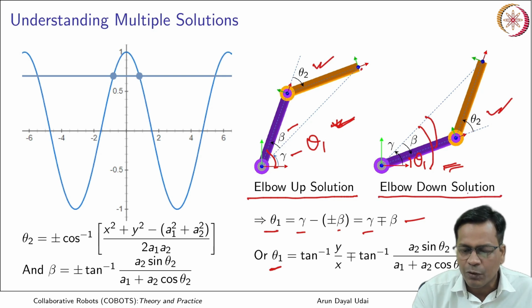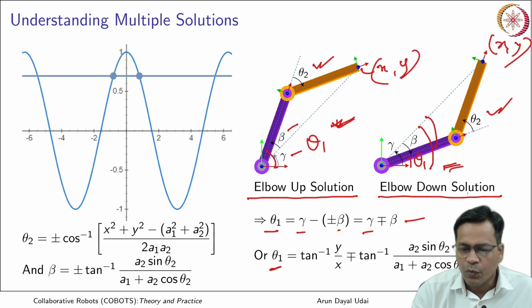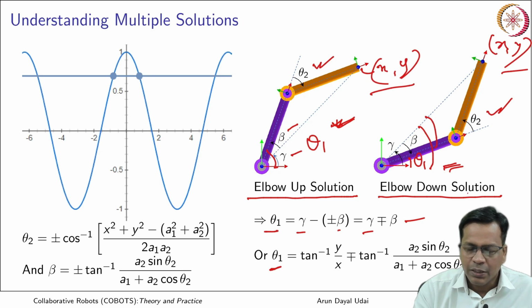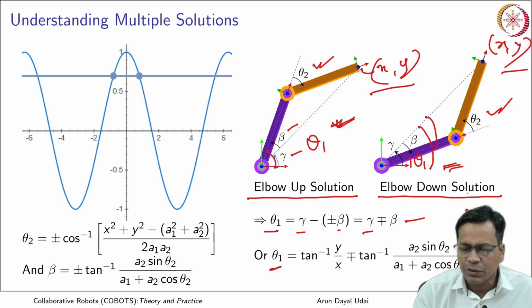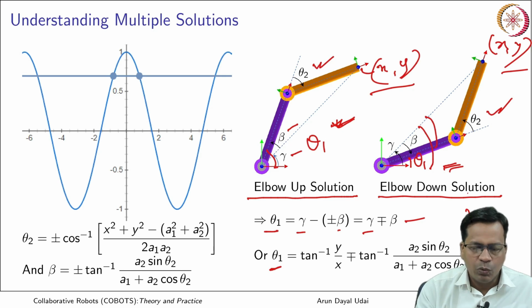Both of them are located at the same end effector position, that is xy. Got it? So for the same xy position, it could be either elbow down or elbow up case, depending on the solution. So you see, right at the first example, you could notice that even a two link system can have multiple solutions.